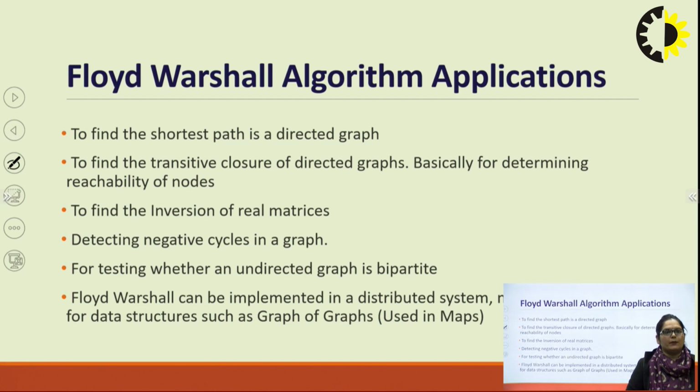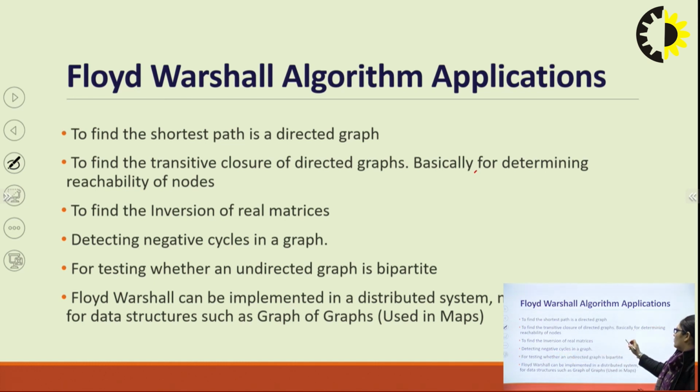So these are a few applications of the Floyd-Warshall algorithm. First, it can be used to find the shortest path for each pair of vertices in a directed graph, and it can also be used to find the transitive closure of directed graphs. Basically, it can be used for determining the reachability of the nodes.